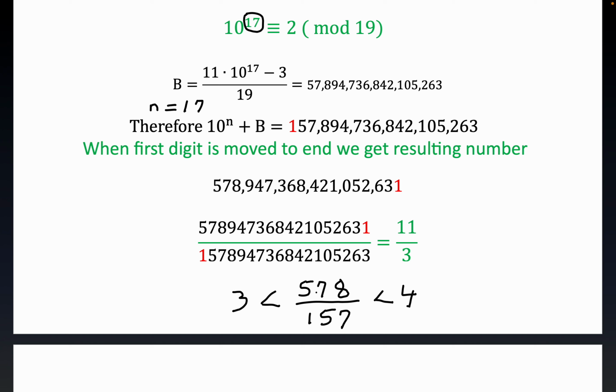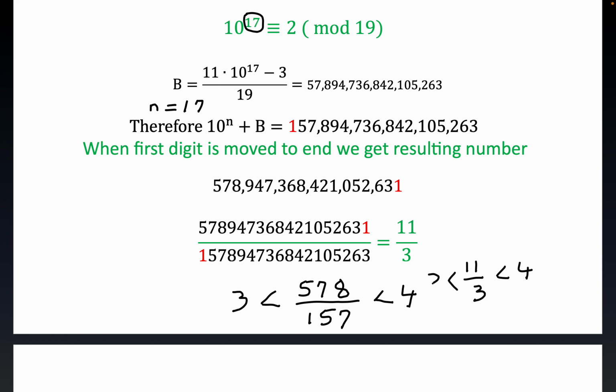So you know that 11/3 is certainly between 3 and 4. 11/3 is what decimal? It's 3.66 ad infinitum, but it is definitely trapped between the natural numbers 3 and 4.